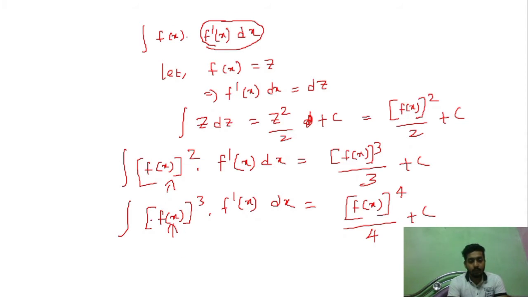Now what will be the integration of x? The integration of x will be x square by 2 in the first case. Now here if we treat f(x) as x, here it is x cube. Now integration of x cube will be x to the power 4 by 4 plus c. This will be the answer. This is the way we can find this type of integration.